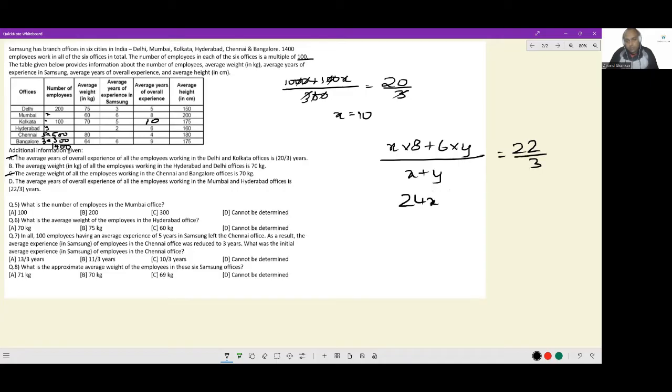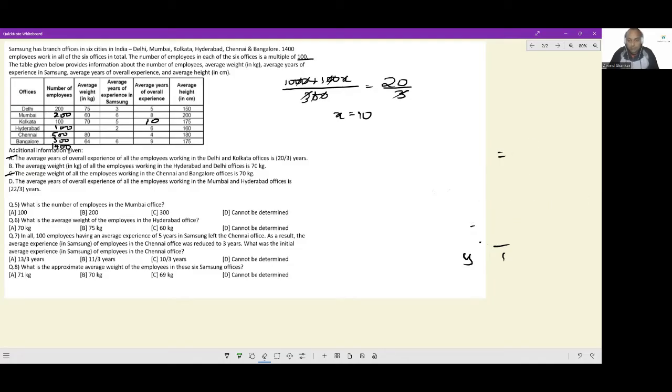So 24X plus 18Y is equal to 22X plus 22Y, or 2X is equal to 4Y, or X by Y is equal to 2/1. Now see, the population in Mumbai and Hyderabad will add up to 300 only, because out of 1400, 1100 people have been accounted for. If it is in the ratio 2:1, you have 200 employees here and 100 employees here. This is also done. We have the precise count of employees everywhere.